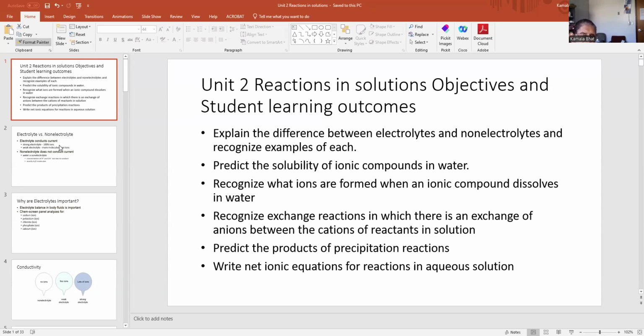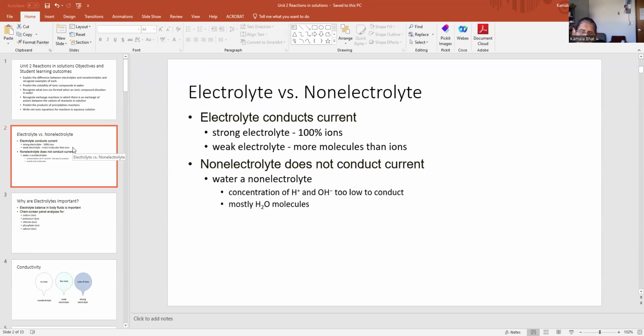So let's start with the first one. What is an electrolyte and what do we consider as non-electrolytes? Electrolytes conduct electricity or current. Strong electrolytes contain 100% ions. Weak electrolytes have more molecules than ions.